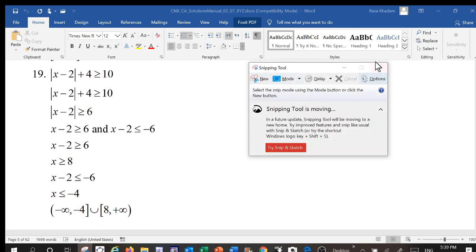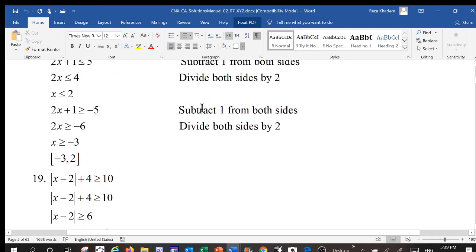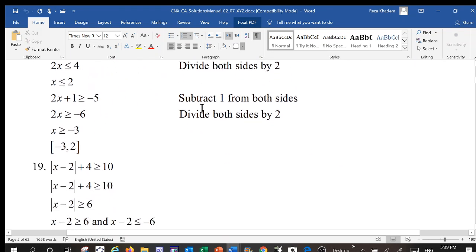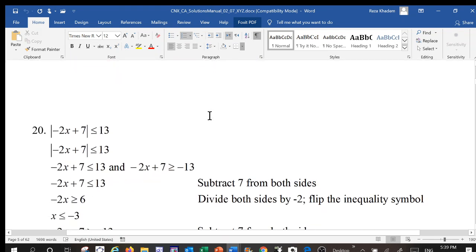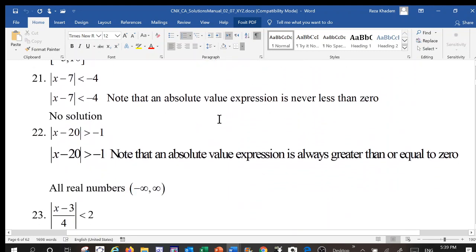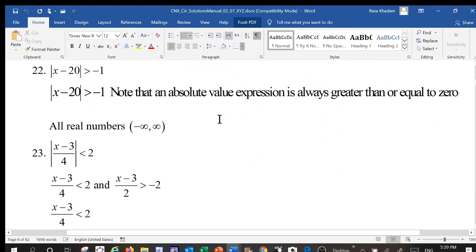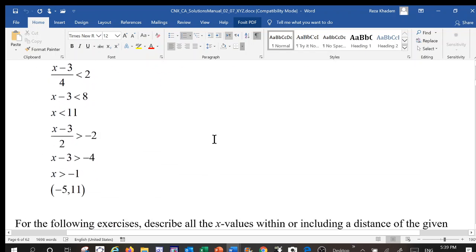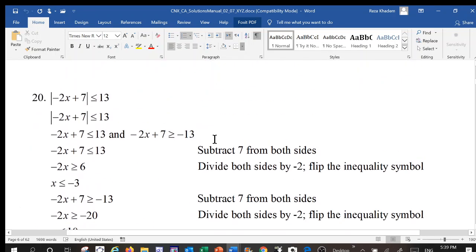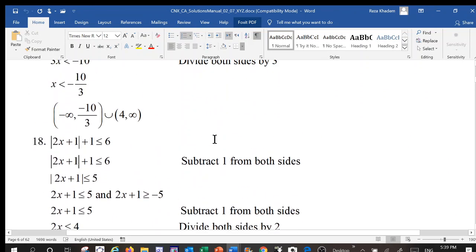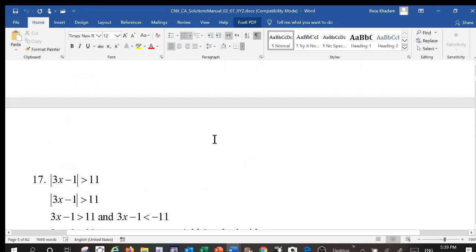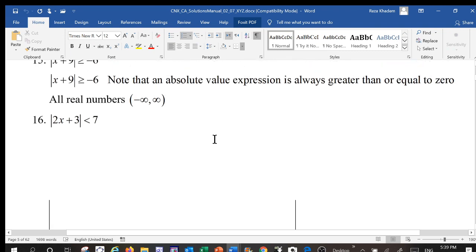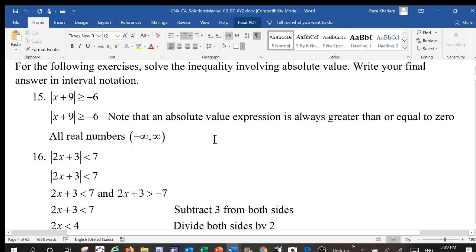Let's see if we can find one that is even. Is there a 20? What about 21, 22? 22, that's the greater than. So let's do that. Well, 22 has no solutions, so I'm going to go back and find another one.